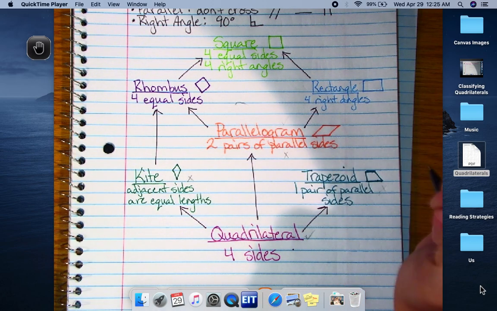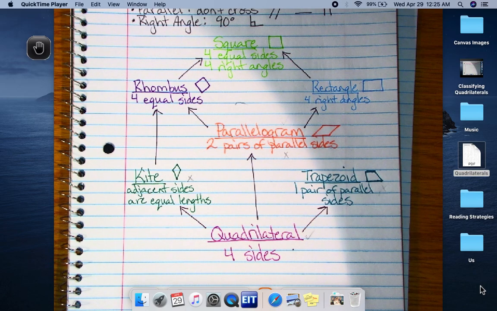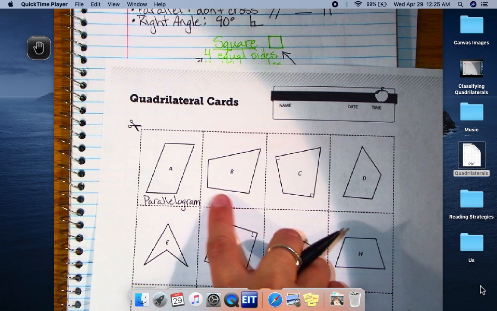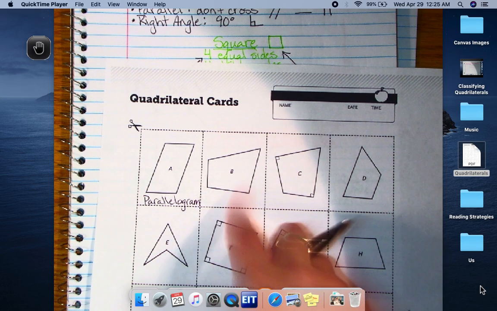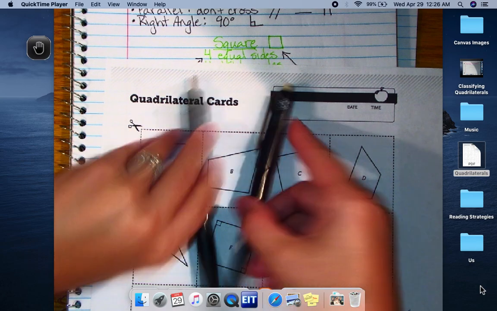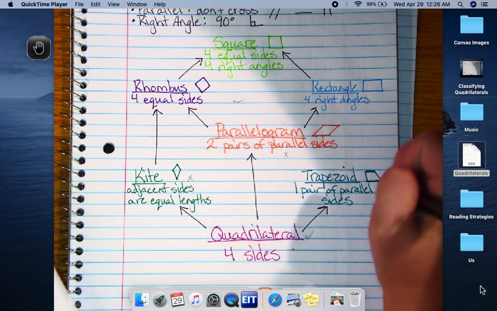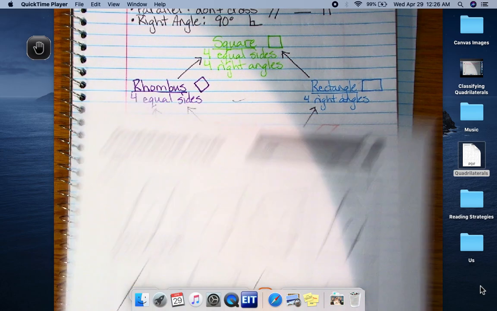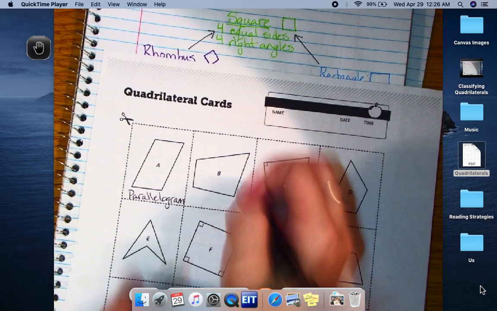So it's not a parallelogram. Does it have 1 pair of parallel sides? No, these all look like they would eventually cross. Even here, those look like they'll eventually cross. So it's not a trapezoid. So my most specific name for this is a quadrilateral. That's all this one is.